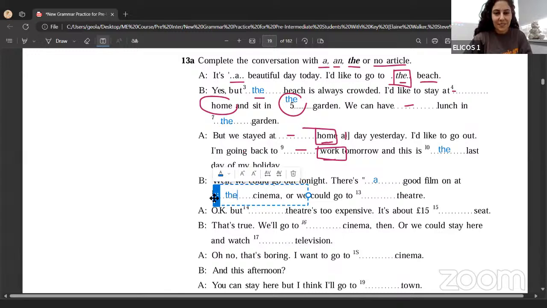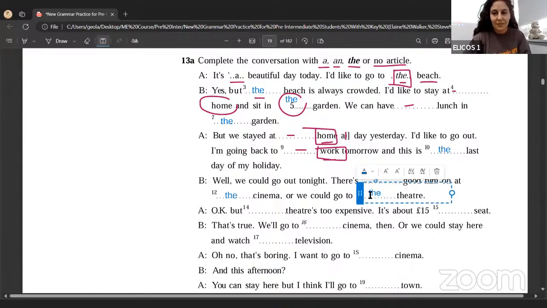Like cinema. A cinema? Or we go to there. Okay, let's go back. So the first one was actually a. So there's a good film because it's the first time that I'm mentioning this noun.